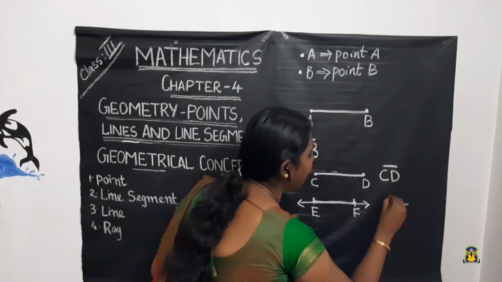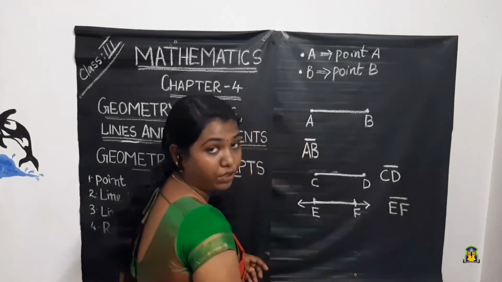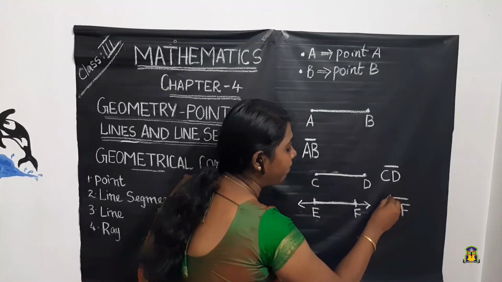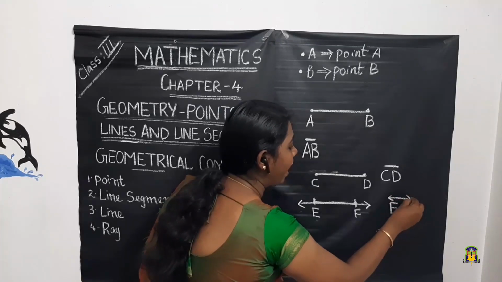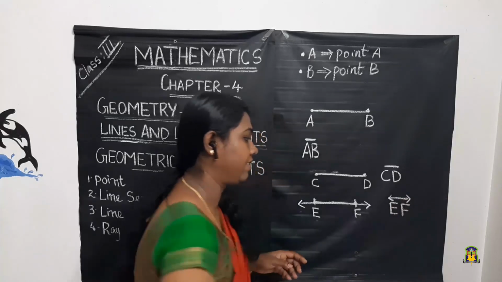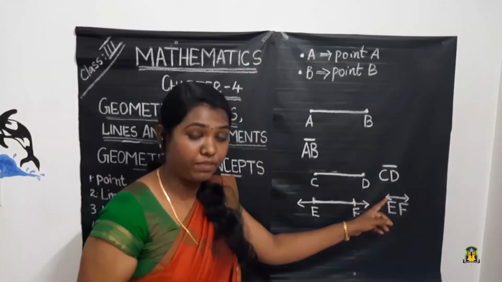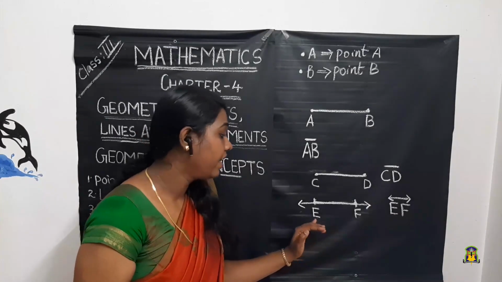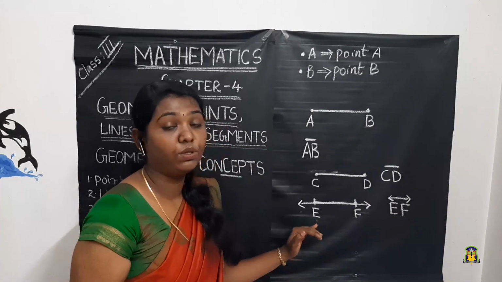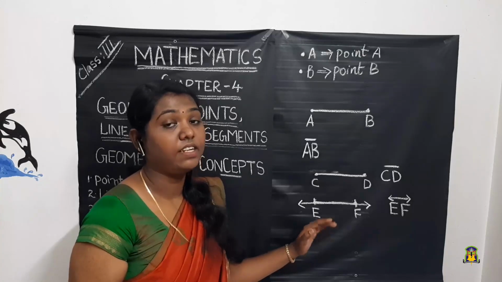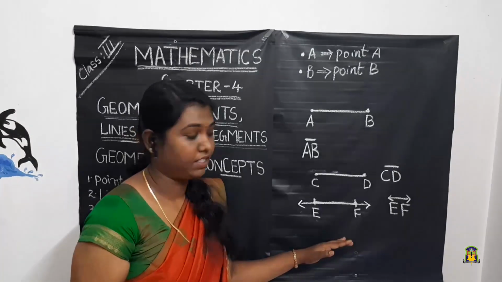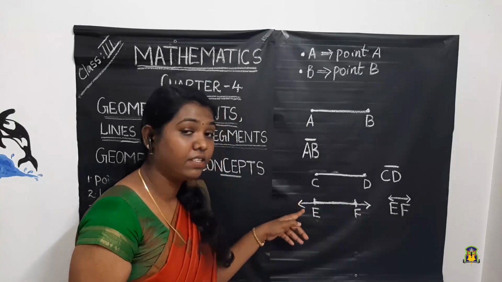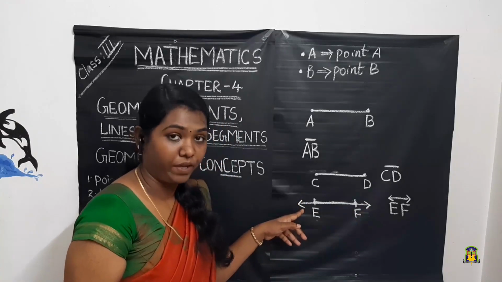Then we will draw a straight line on the top of the letters E and F. Then we will draw 2 arrows like this. The meaning of arrows is that it goes endlessly and the line has no starting point and no end point. That's why we put the arrow marks on both the sides of these points.